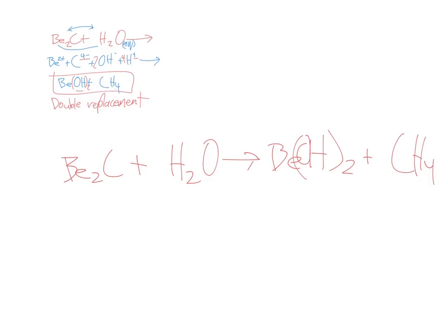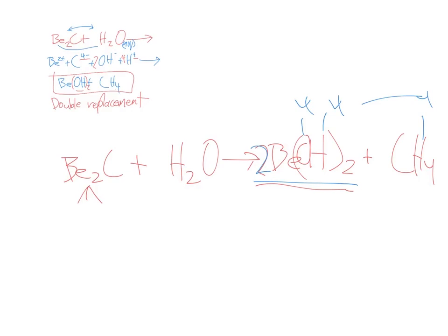So we can balance this. For Be, we know that there's 2 right here, so that means there will have to be 2 here. Let me do a different color. So it'll be 2 of these equations. So that means this will actually be 4 hydrogen and 4 oxygen, and then 4 hydrogen here.